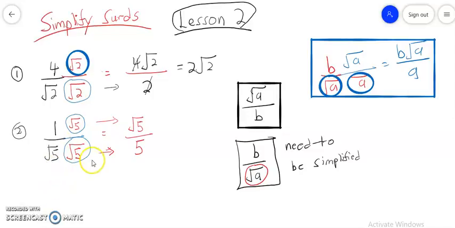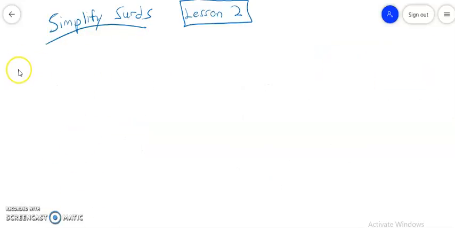Now we go to a little bit more difficult question. Let's say we have 1 over 2 minus square root of 3. How are we going to simplify this kind of surd? This is your denominator, so you have to multiply with its conjugate.